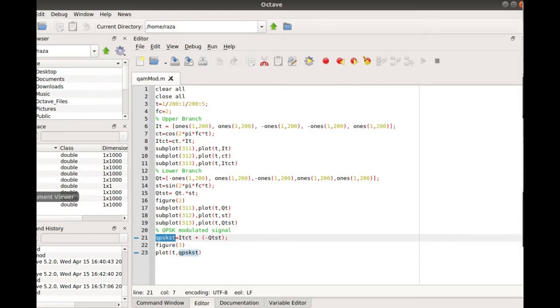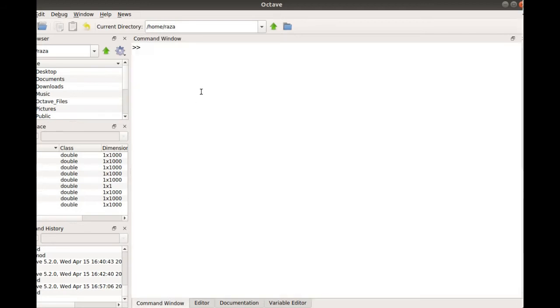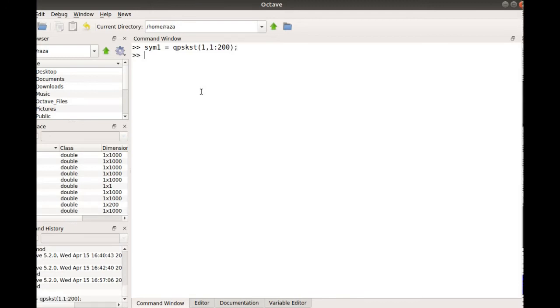And then we would like to demodulate this signal of the first period. So let me take the first 200 samples, and I will call it my symbol, just the first symbol, which is QPSK. This is actually r of t, the QPSK s of t, but I'll just take the first 200 samples from this one.